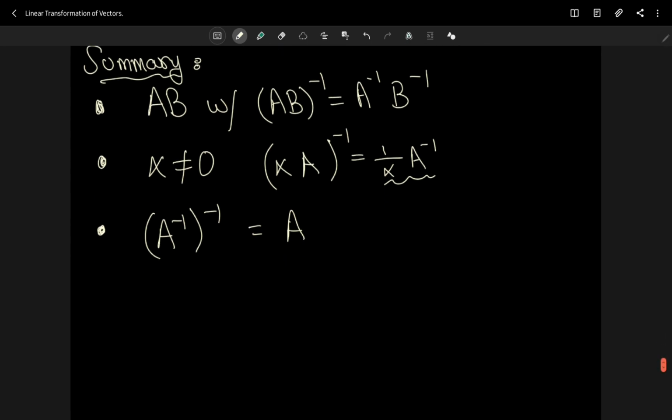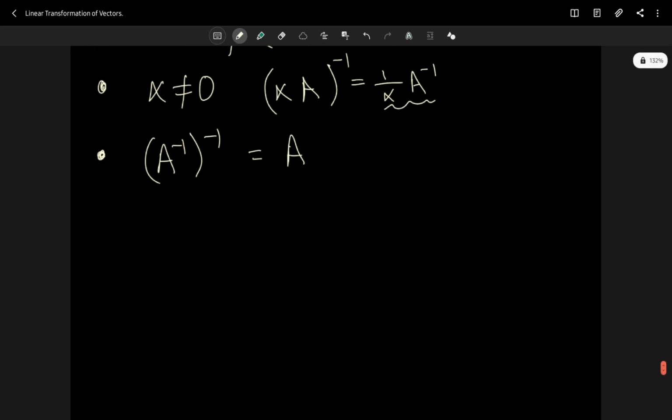And here, before I end this, I want to say something, and that is: do not take this notation, A inverse, to be a division by A. Do not do that.